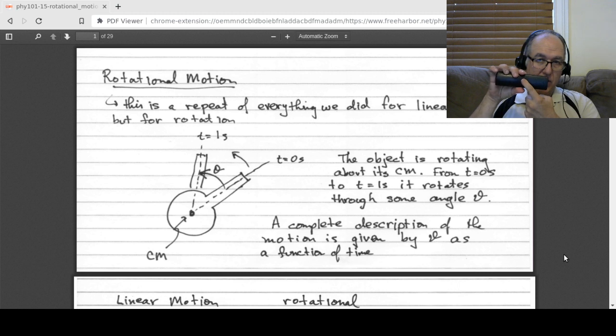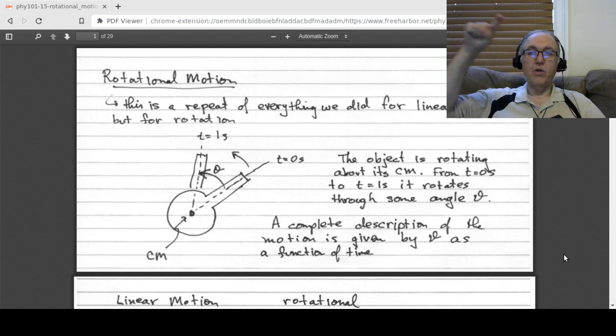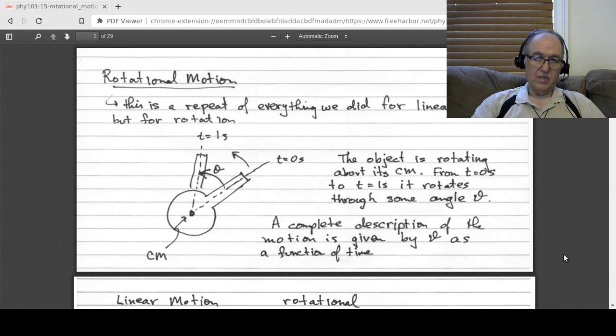If you had a little line there and you took a video as it went up into the air, and followed the dot that indicates where the center of mass is, it would follow a parabolic path, exactly the way we studied it when we did 2D kinematics. But that doesn't fully describe the motion of this thing. The middle of it would follow this parabolic path, but the object itself would rotate as it does that.